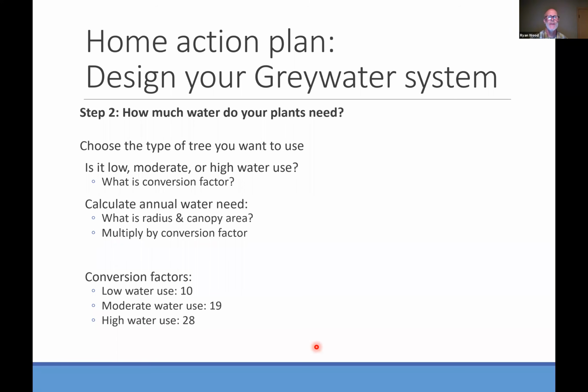But do some research, and if it's citrus, it's definitely higher. If it's a deciduous type of fruit tree, I go with a moderate. Okay. So then you're going to calculate your annual water needs, and then do that for all the plants that you're going to water with your Greywater system.